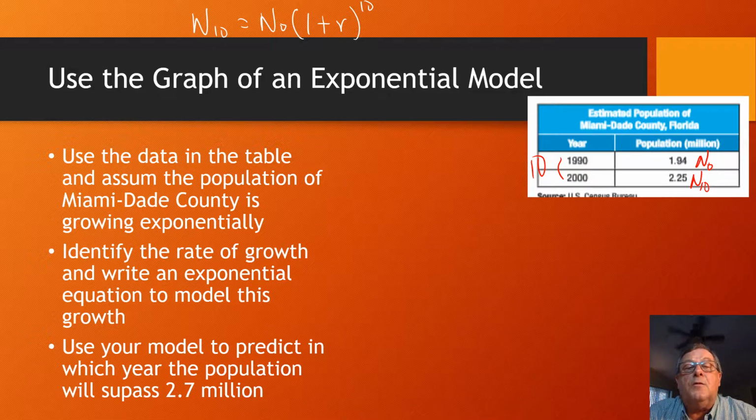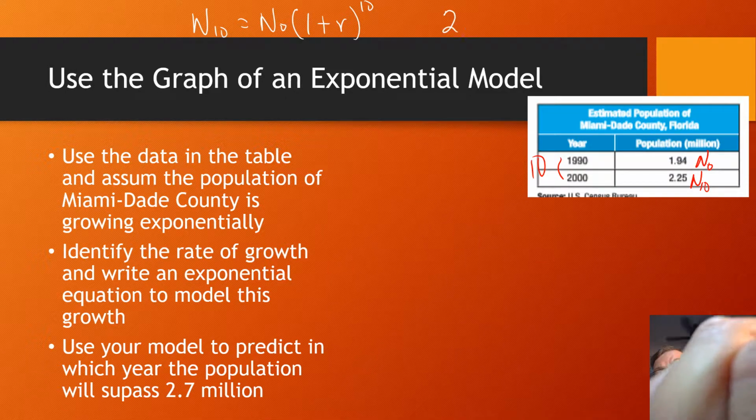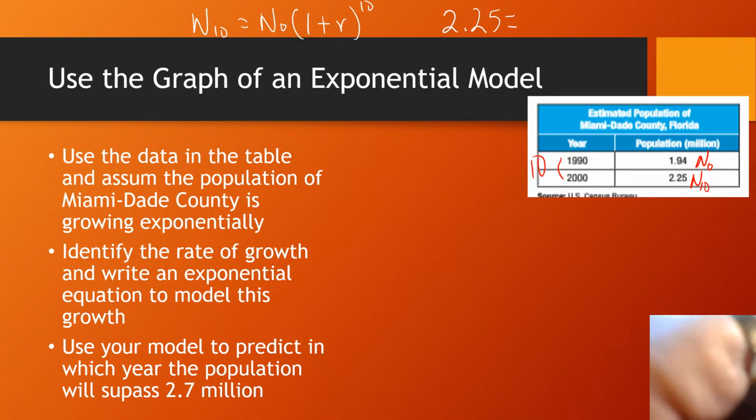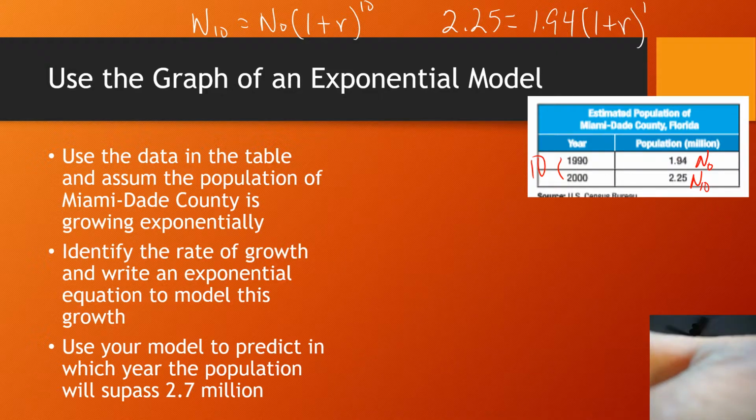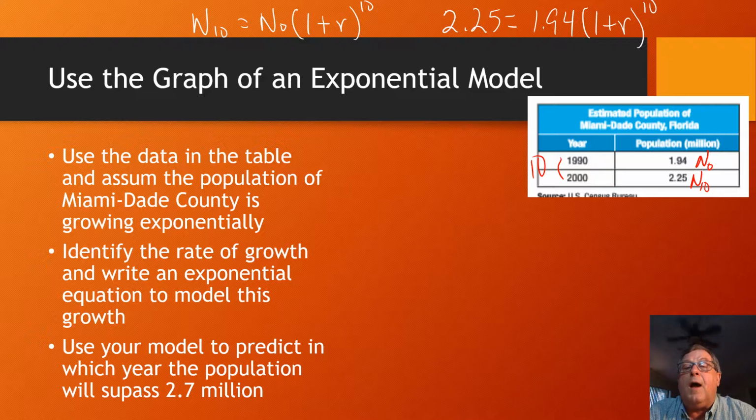In this case, I'm going to use the annual rate, as with any exponential compounding model. So if I plug in what I know, I've got 2.25 equals 1.94 times 1 plus the rate that I need to find, raised to the power of 10.